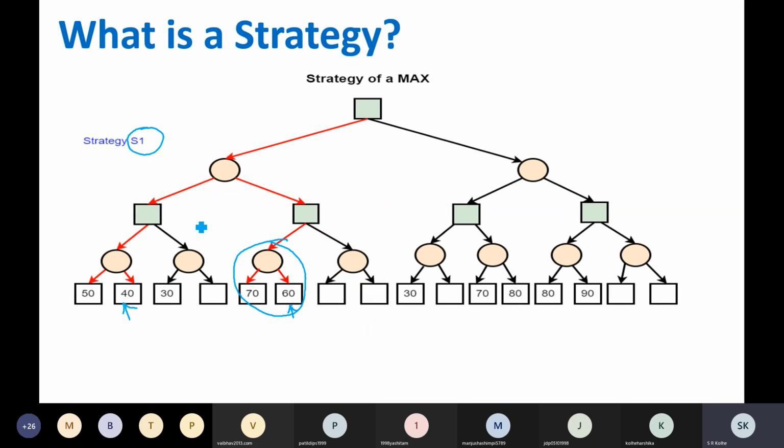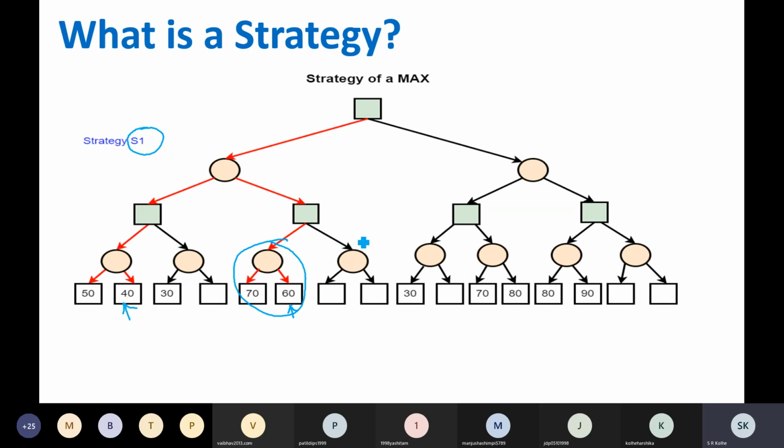Now instead of this, consider one more possibility. Not necessary that max will select this only. Max can select this part also instead of this part. So if max selects this, again on this side we have two options, left and right. In one case it will select left, in another case it will select right. So that will be your strategies S3 and S4.